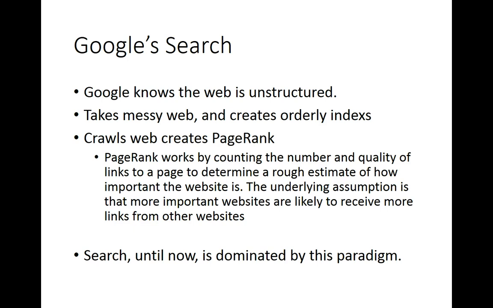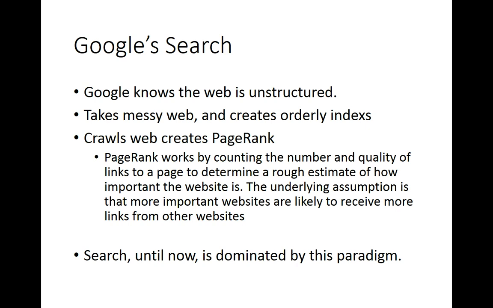And so what Brin and Page were trying to do was to take the web, which was very messy, and create order out of it, using these indexes. And so their algorithms would search or crawl the web and create these things that are called page ranks.